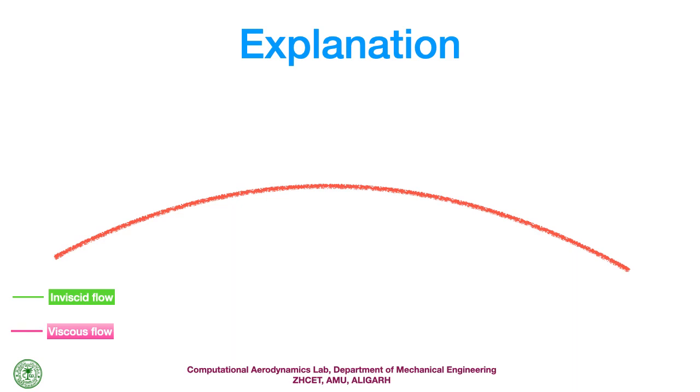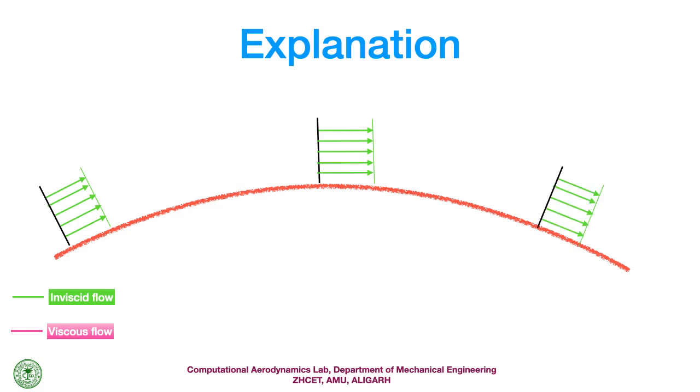We considered three sections: one at the top, and two at the sides. If I draw the inviscid velocity profile, it will be just a uniform velocity, as I have shown. This is the velocity profile at the top, and this is the velocity profile at the bottom.